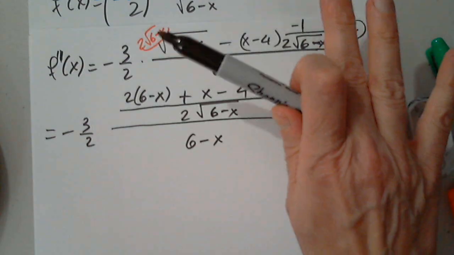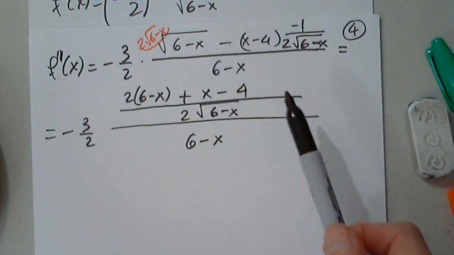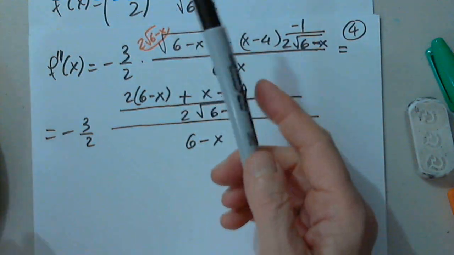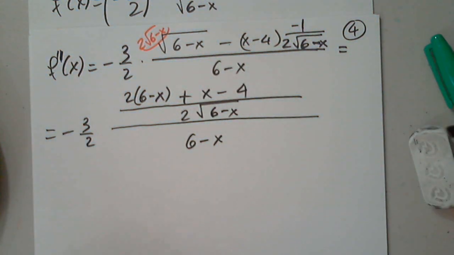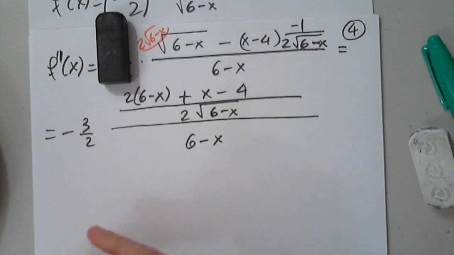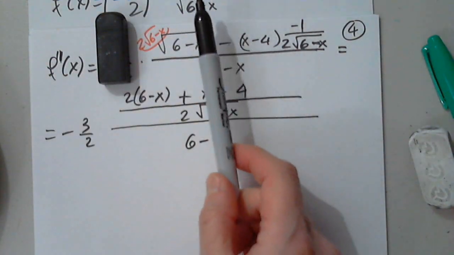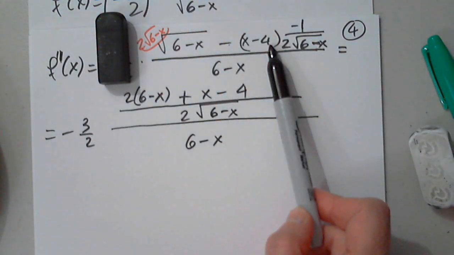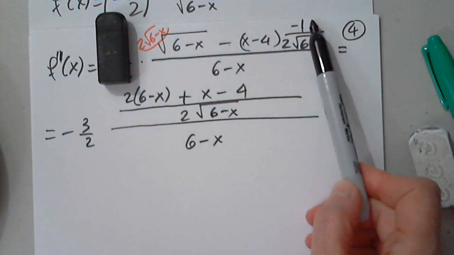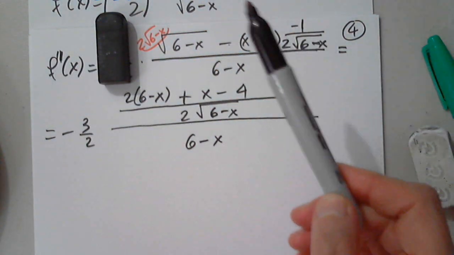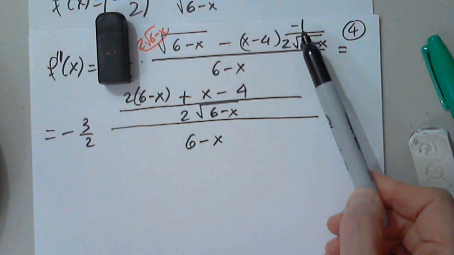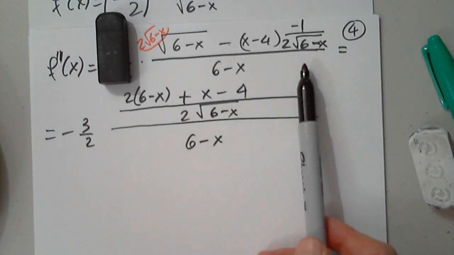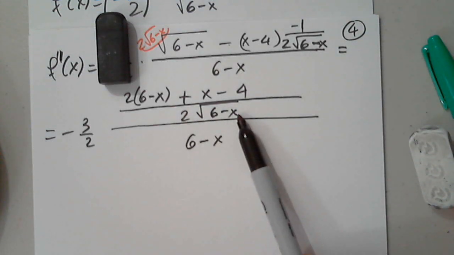So let's review this because it's a little bit dense in here. So I pulled out the negative 3/2 because I really didn't want to worry about this number. Make it as simple as possible. So the top prime is 1 times the denominator minus the top times the denominator prime, which is 1 over 2, the square root of 6 minus x, times the inner function prime. I realized that in the numerator, there is only one denominator, which is 2 the square root of 6 minus x.